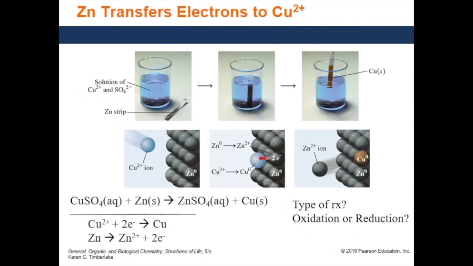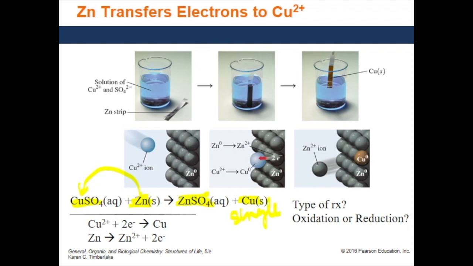Okay. Some other examples are right here. You can see copper sulfate reacts with zinc. Copper sulfate here is reacting with zinc and changing to ZnSO4 and copper. If you were to identify what type of reaction this is, you would say zinc is taking the place of copper here. So this is an example of single replacement, right? That is correct.